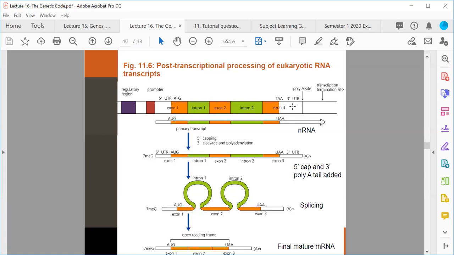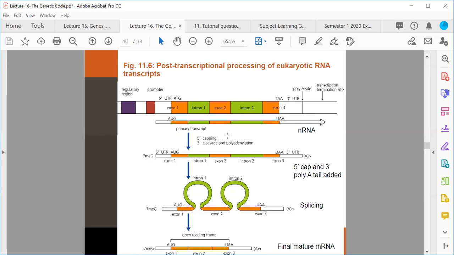When the polymerase enzyme reaches a specific region downstream of the gene, it dissociates. This is called the transcription termination site in the DNA. So we have our primary transcript, or our nuclear RNA, or pre-messenger RNA. There's lots of names for it. At the moment, it has the orange exons and the green introns.